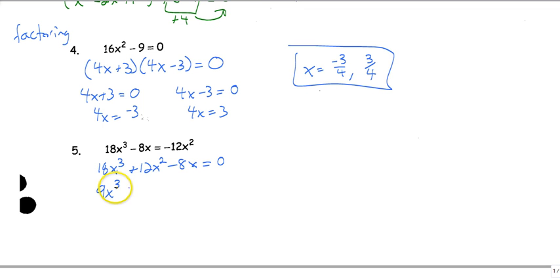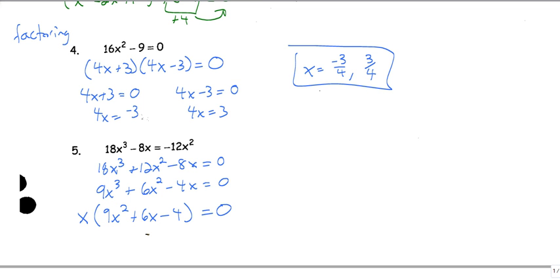So I got 9x cubed plus 6x squared minus 4x. Now I have to factor. I can take out an x out of everything. Okay? You can try to see if this is factorable, but I don't think this is.